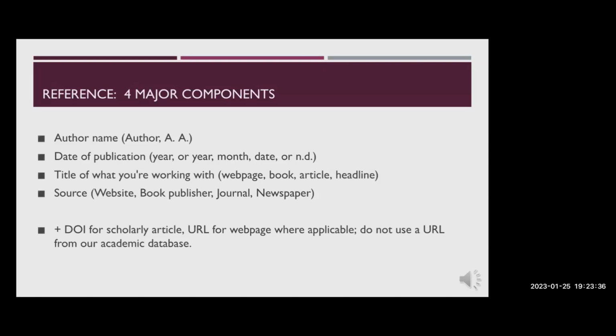But if you are like an EBSCO at Aurora University and you're using that information, that URL, you don't want to use that. Go to the DOI, again, they almost all have it, and that way anybody can access that particular article. But if you use something from our databases, then somebody outside of the school will not be able to access it.